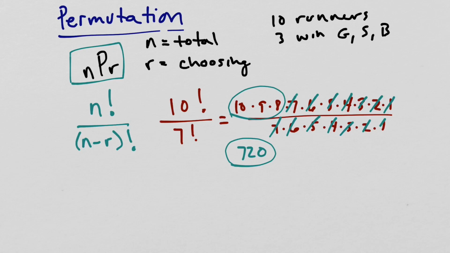If you're dealing with a bigger group, or you're dealing with more winners, or what have you. If we have 15 players on a baseball roster and you're trying to create a batting order of 9, it would be 15 factorial over 15 minus 9 factorial, which would be 6.